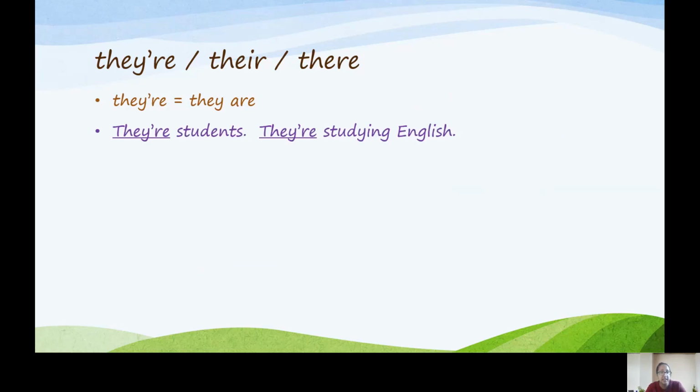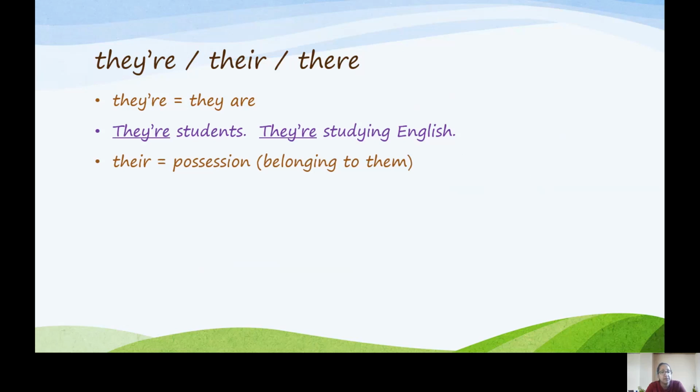They're studying English. So as you can see, we can use they and are as in the main verb to be, as in they are students, or we can use it like the auxiliary verb, like they are studying English. Okay.